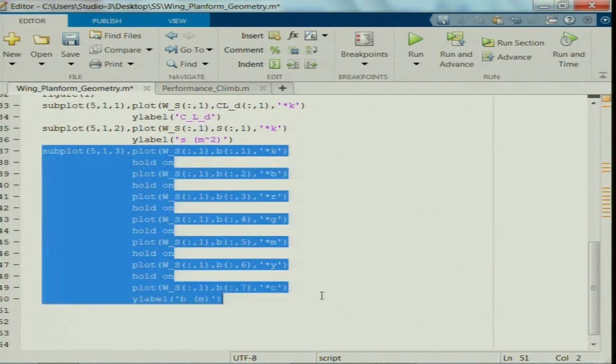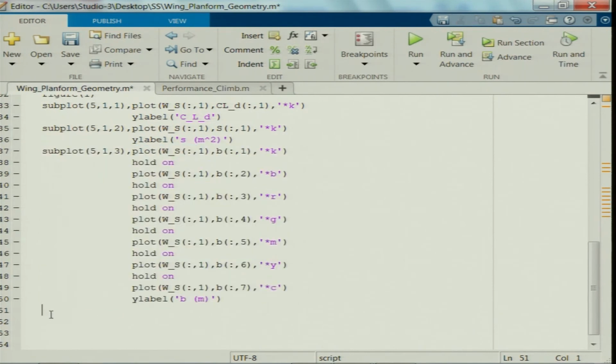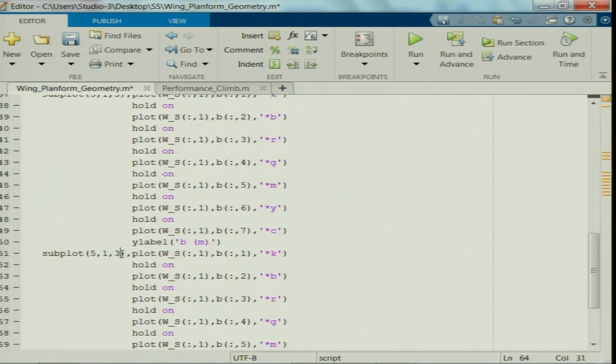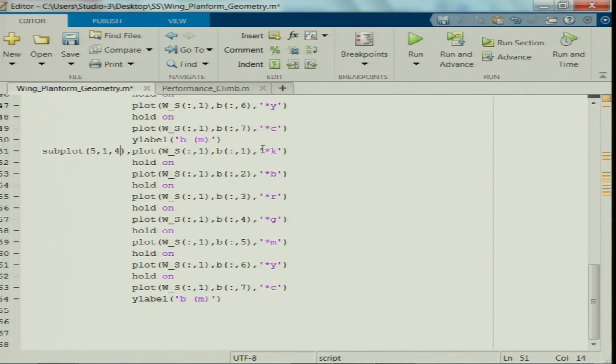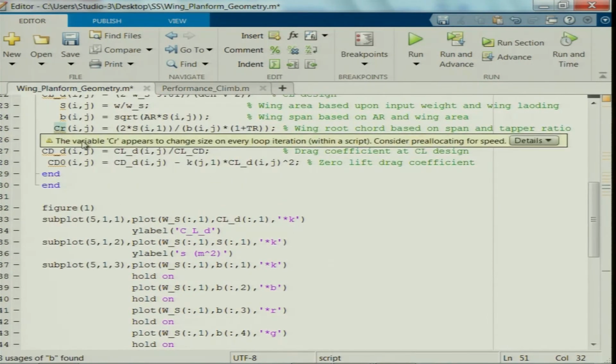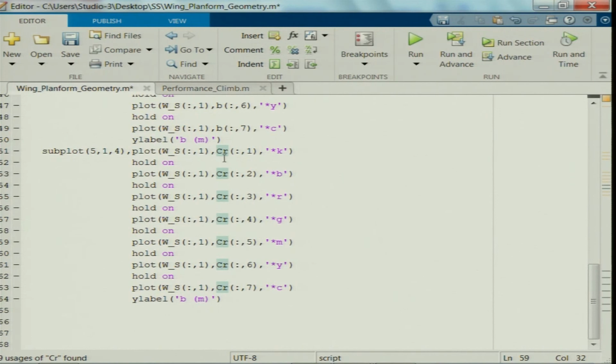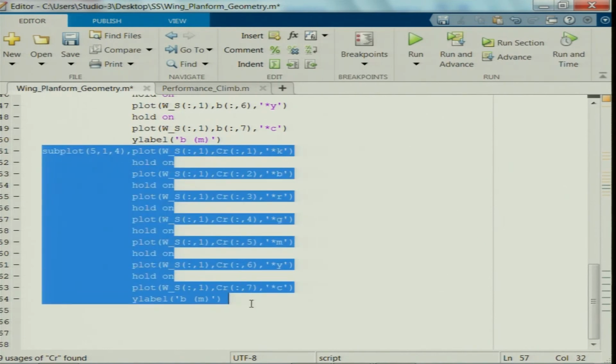And with the input of lambda, we are able to find out the root chord, CR, and its variation with aspect ratio, right. Okay. So, we are plotting CR variation with W by S, and we are holding on the same plot and superimposing for various aspect ratios here, right, CR variation with various aspect ratios. And similarly, we can do it for CT.